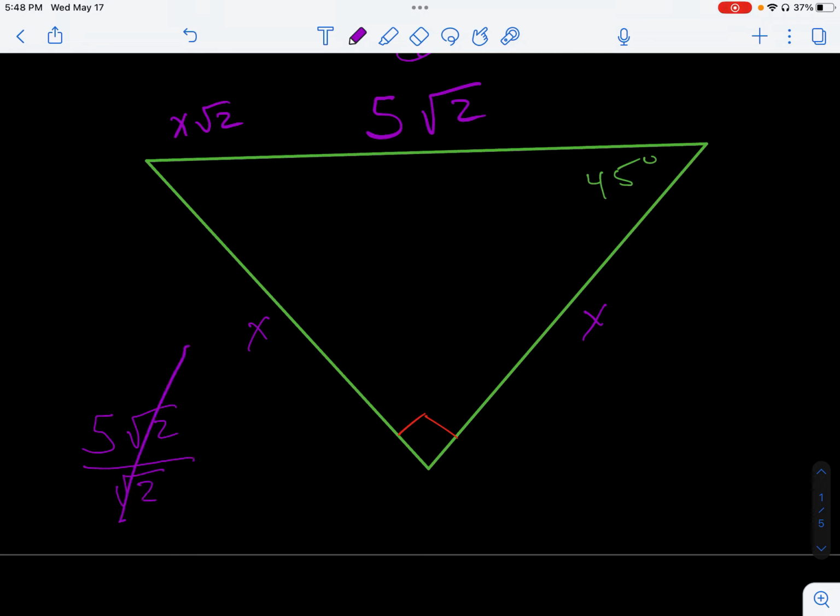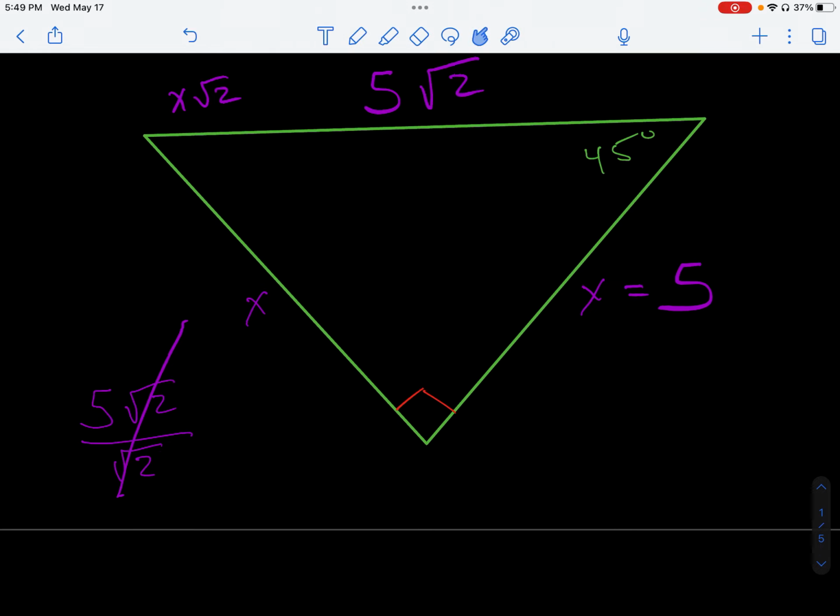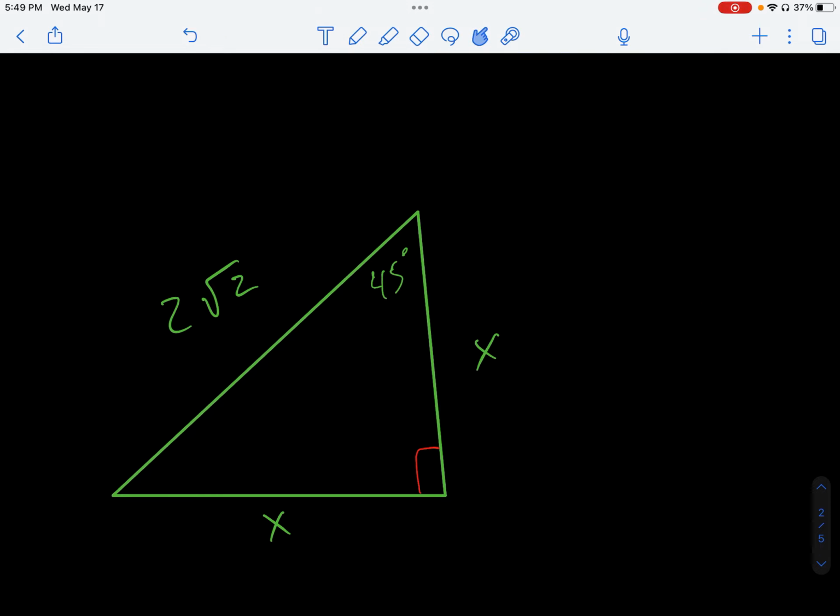And in this case, the radical 2's cancel each other out, and the leg equals 5. Pretty simple stuff. Come down here.